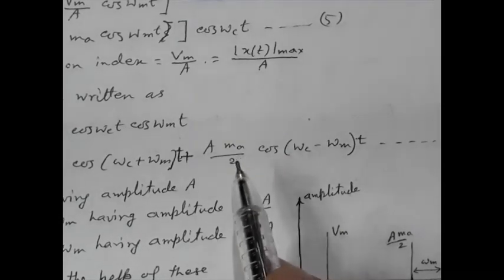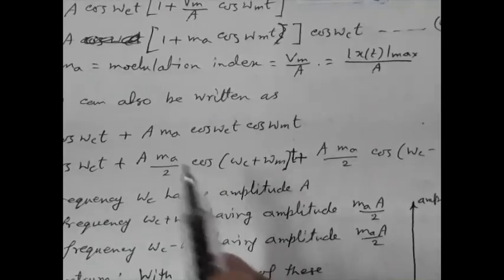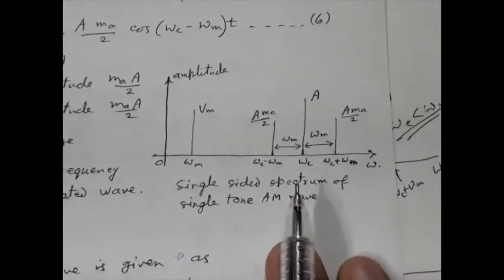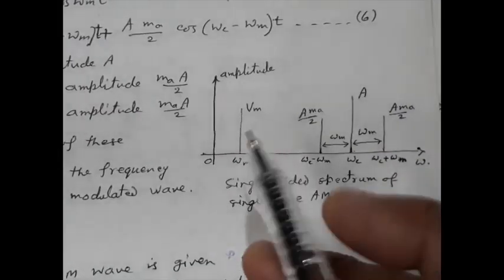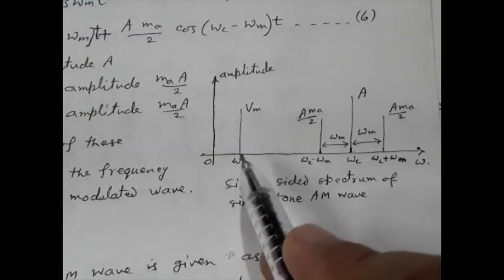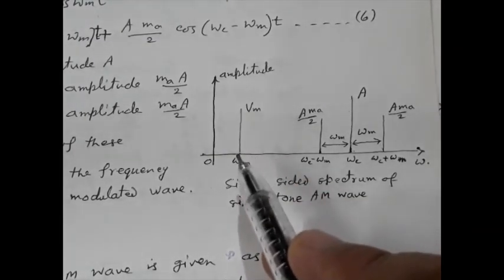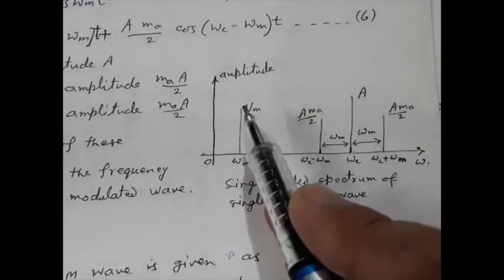So if we plot these things in frequency domain, what should we get? This was the original message signal with the frequency of omega m and Vm.